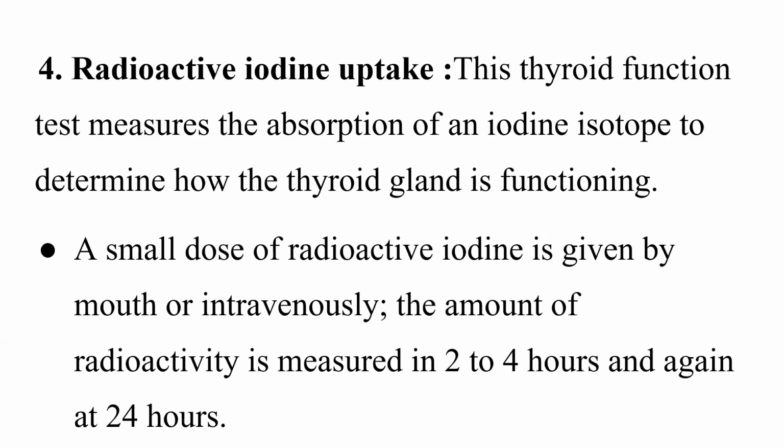Another kind of test we do is radioactive iodine uptake. This is basically a thyroid functioning test, and it helps to measure the absorption of iodine isotopes to determine how the thyroid gland is functioning. A small dose of radioactive iodine is given by mouth or intravenously. The amount of radioactivity is measured in 2 to 4 hours and again at 24 hours.